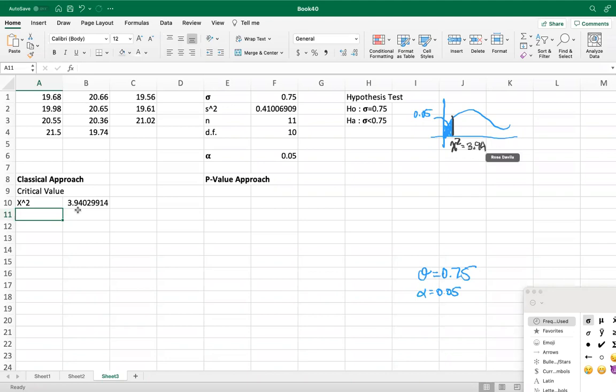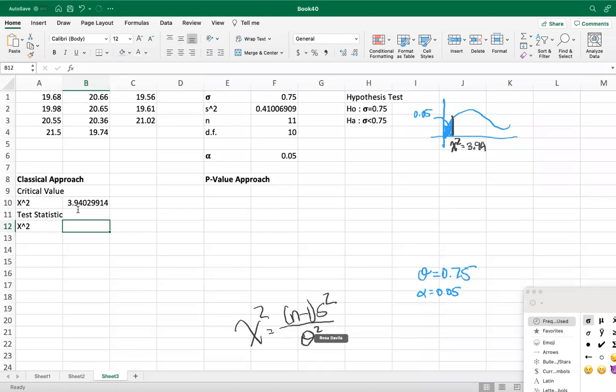Now that we have that, we could compare it to our test statistic. And for the test statistic, the chi-squared value for this, remember that chi-squared is equal to our degrees of freedom times our sample variance divided by our population variance. And there we go.